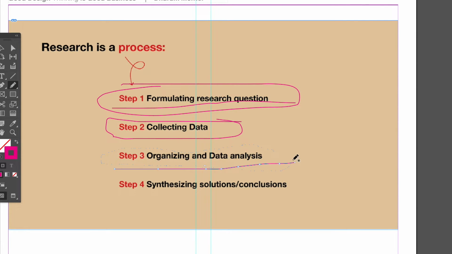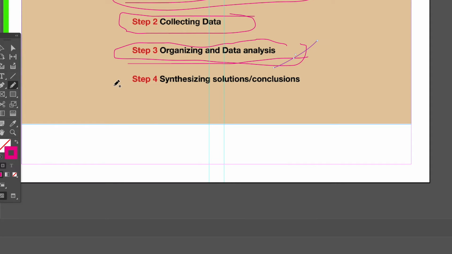You will start using analytical tools to see certain patterns. And lastly, you synthesize, conclude, or come up with solutions.